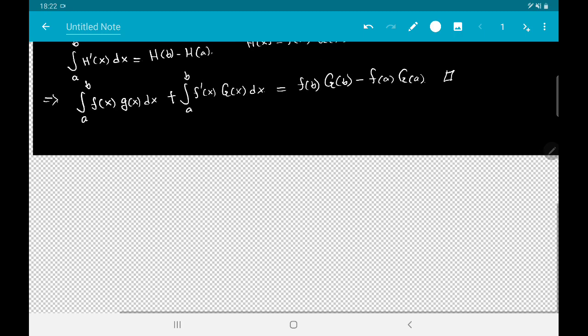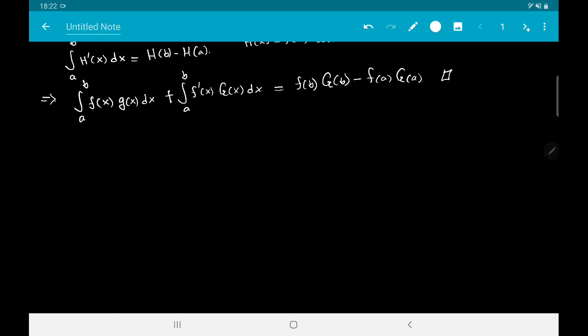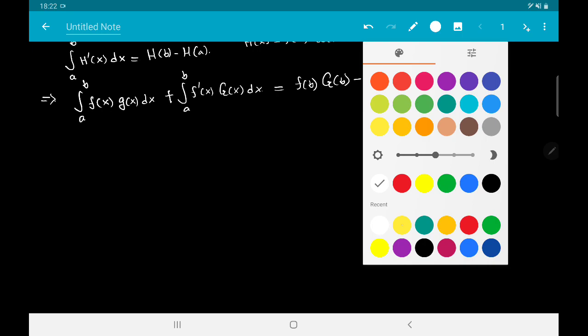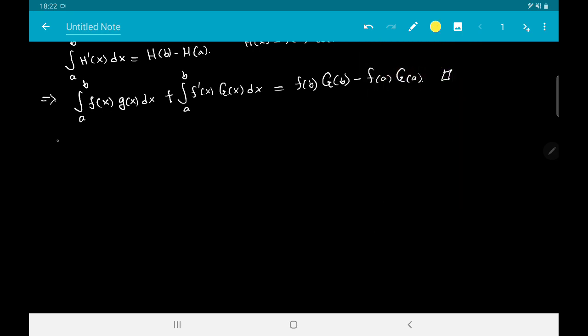We will conclude this video with a small example. So let me try to work out an example for you. Here we are trying to compute the definite integral on the closed interval 0 1 for the function x times 1 minus x dx.